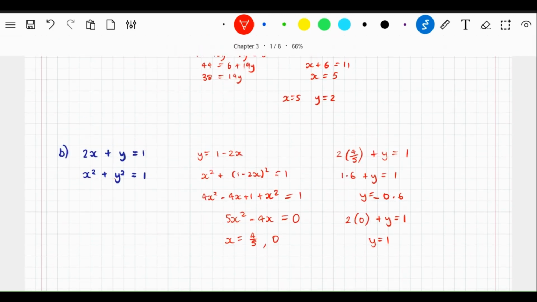So the way we're going to write this is we're going to say when x equals 0.8, y equals minus 0.6, and when x equals 0, y equals 1. And that's our answer there, as we have two answers for each x and y.